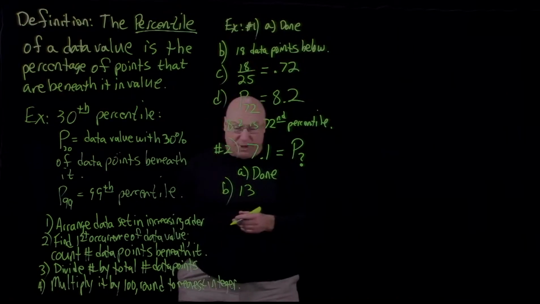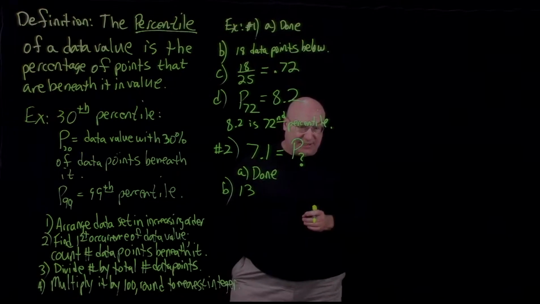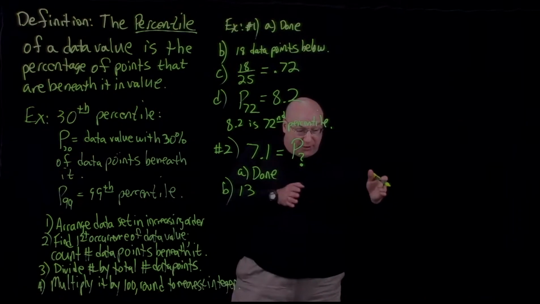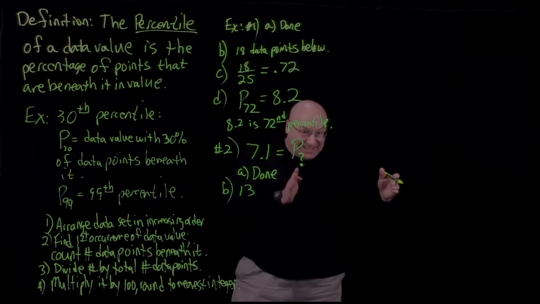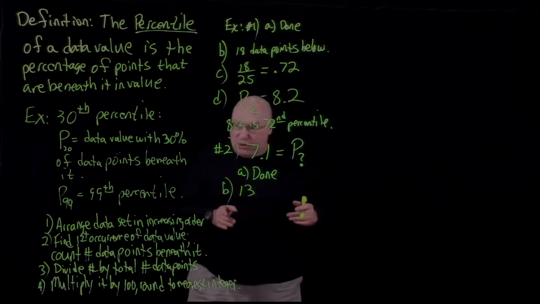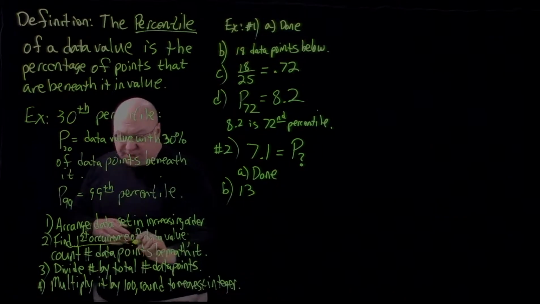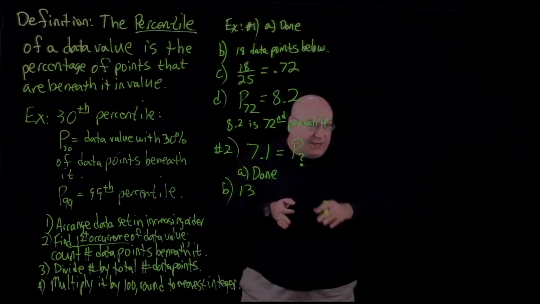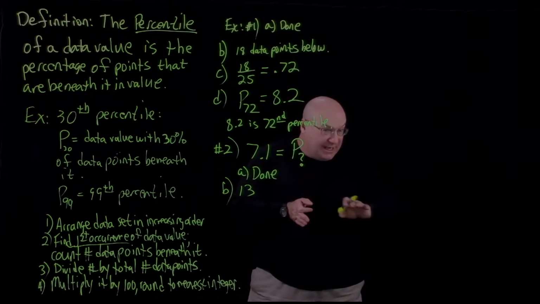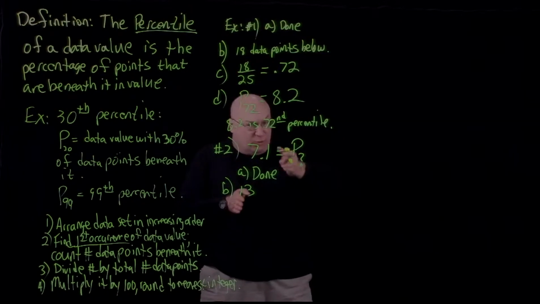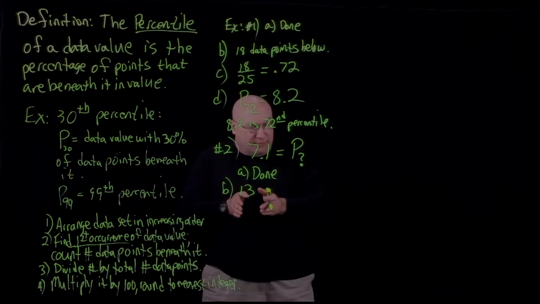Notice that 7.1 occurs twice in the data set. You find the first occurrence of that data value going from bottom to top, and you just count the data values that are really less than it. You can't take the second one, because then the one right before it would be equal to it, right? They'd both be 7.1.